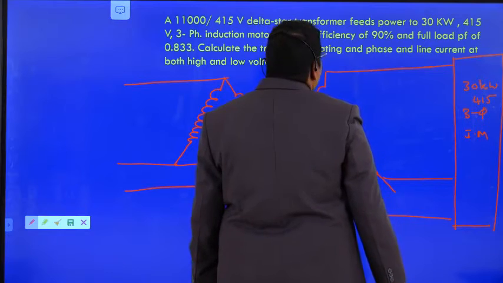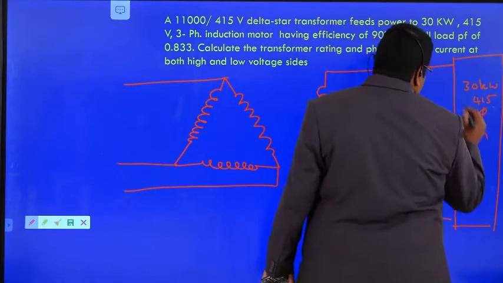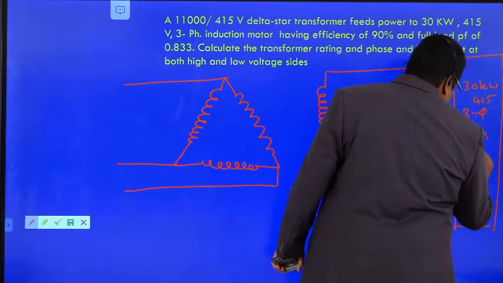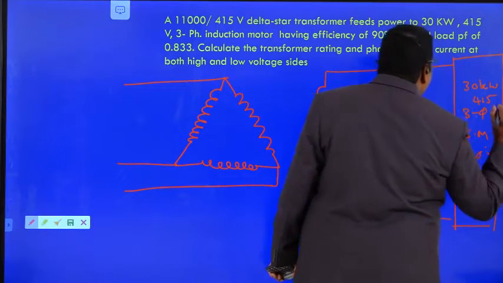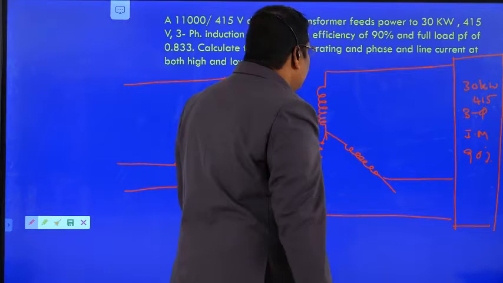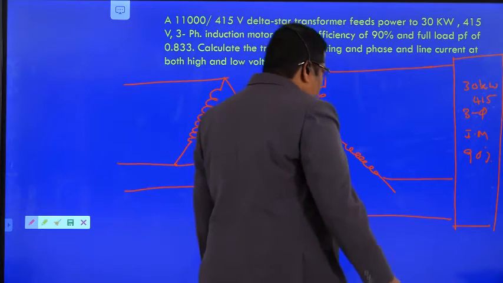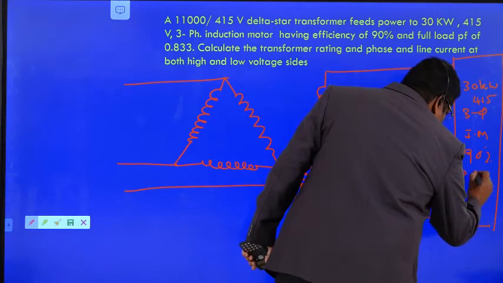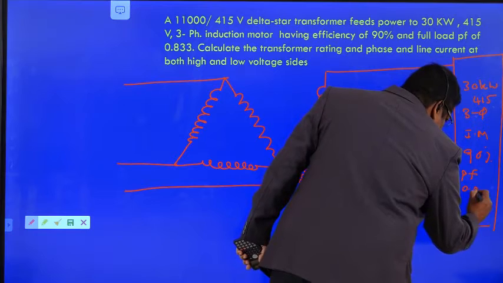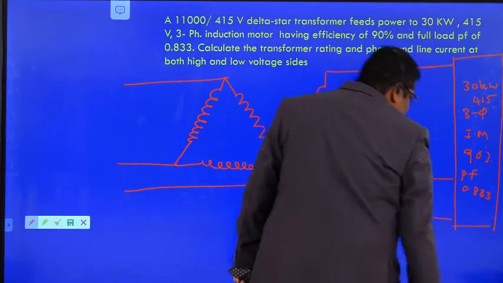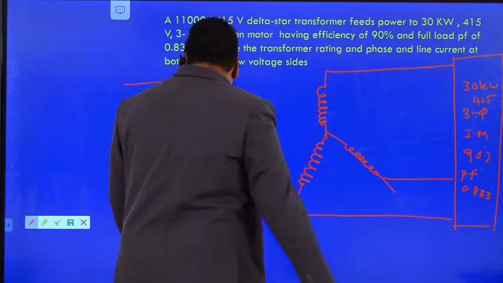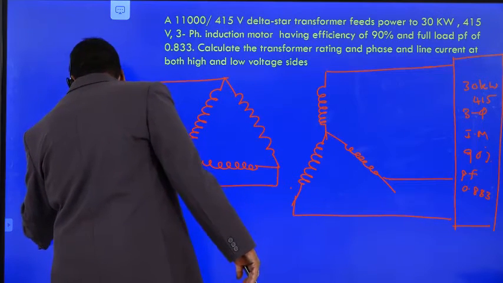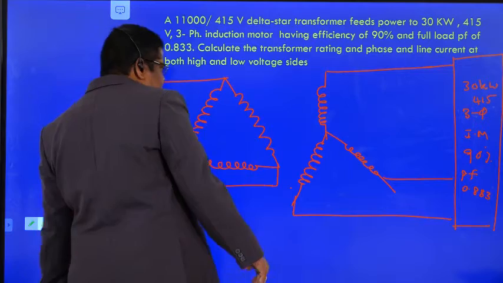The efficiency of the induction motor is given, that is 90%. And power factor is also given, that is 0.833 lagging. These are the data which is given in the problem.